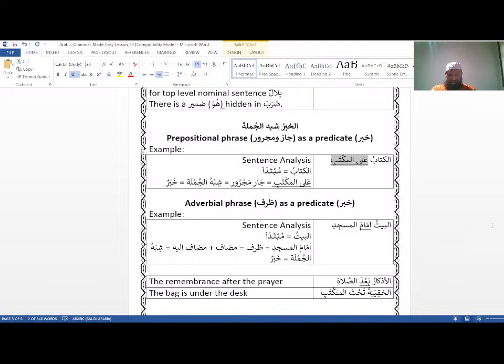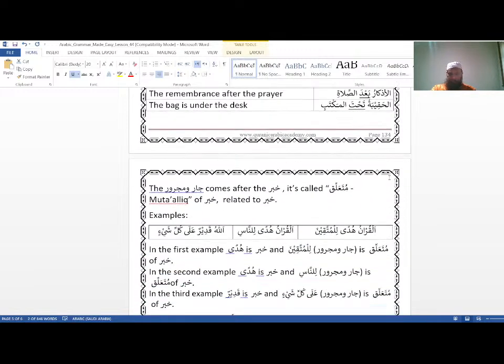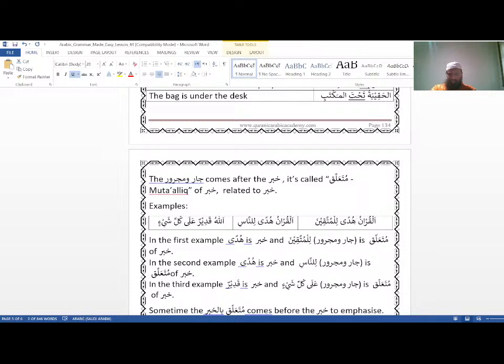The hidden khabar is there. So when the khabar is visible, and then jar majroor comes. Li is harf jar, muttaqin, lil muttaqin is majroor. So in the first example, hudan is the khabar, and lil muttaqin jar majroor is the muta'alliq of khabar.